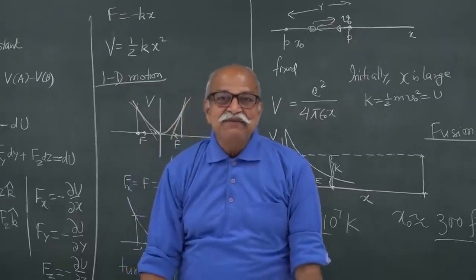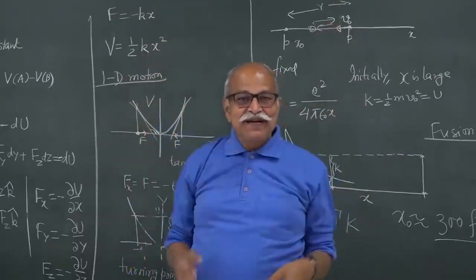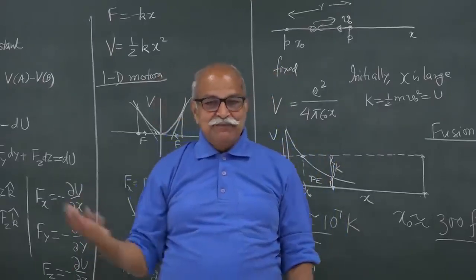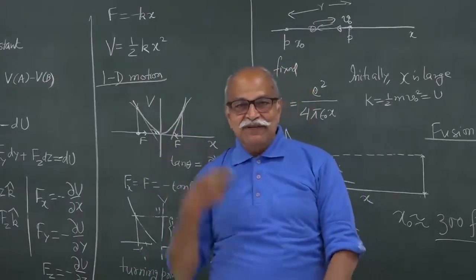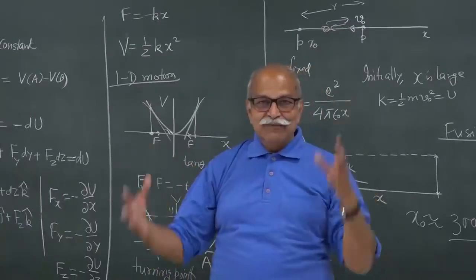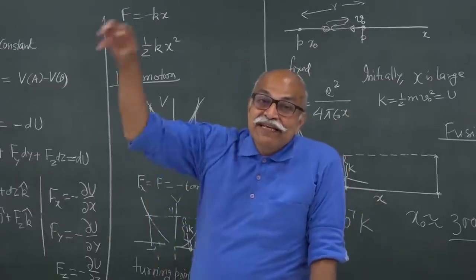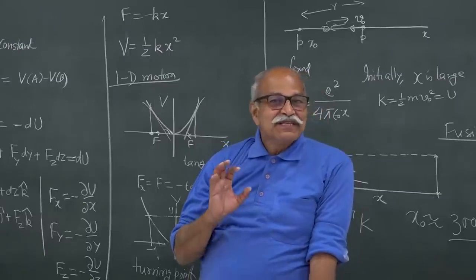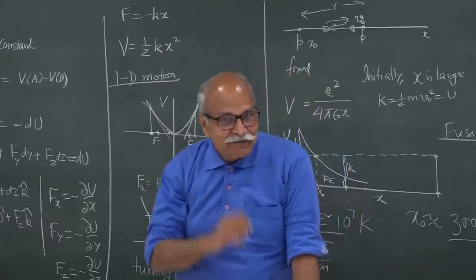So, when we say angular momentum, generally what comes to your mind is something rotating, and angular momentum should be some moment of inertia times angular velocity. So, it should be a rigid body or an extended body, but even for a single particle this angular momentum concept is very useful. Let us see how.